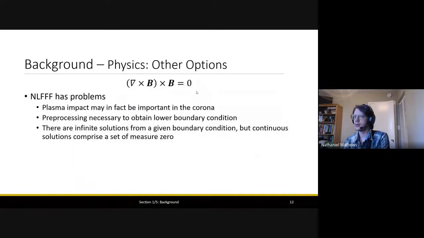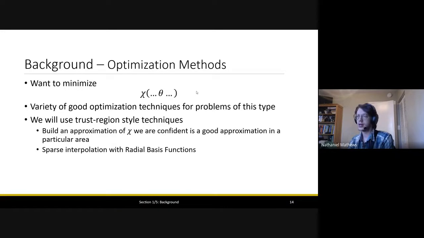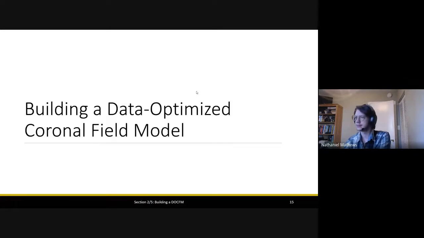This kind of optimization technique is very tricky for nonlinear, non-convex optimization problems like the ones we'll be dealing with. There are solutions to do that. In particular, we're going to use something called a trust region style technique that I'll explain a little bit, but basically it takes samples, right? We'll evaluate the model a few times, and then we'll try to build a rough approximation of what the whole cost function looks like. And we'll refine on that.